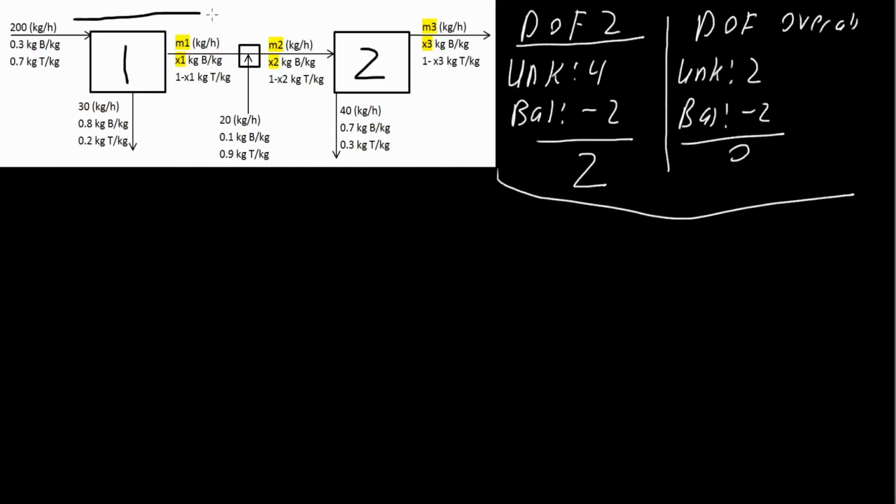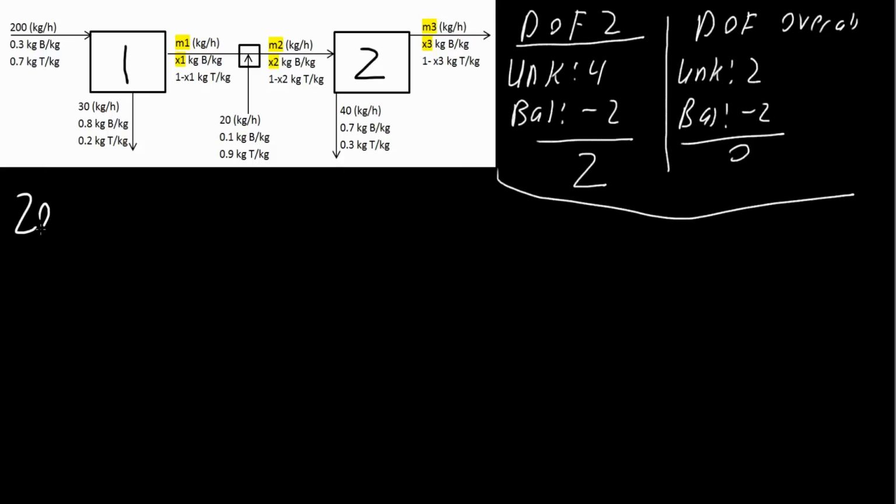So let's draw a box. What we will care about is this, this, this going in, this going out, and this going out. So let's do it. The first thing we can say is that we have 200 and we have 20 going in.